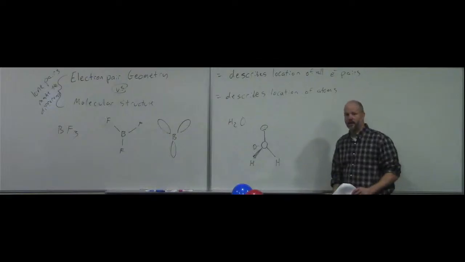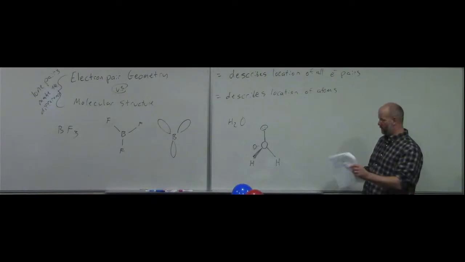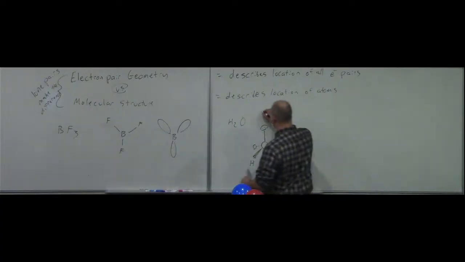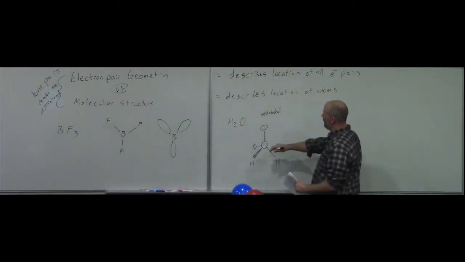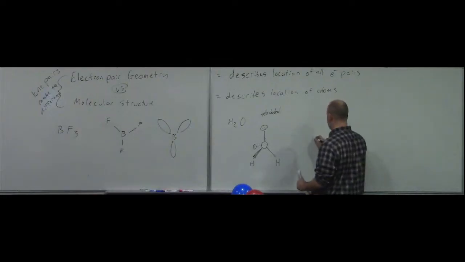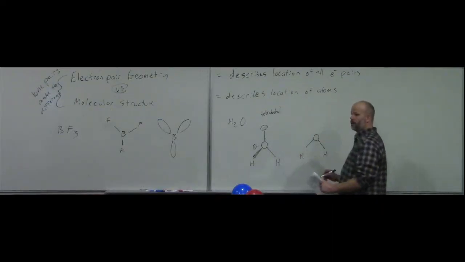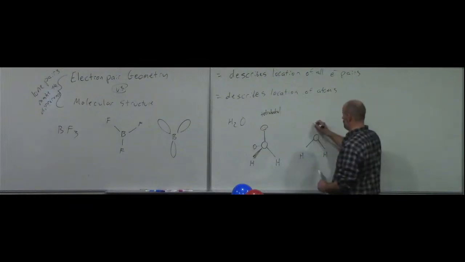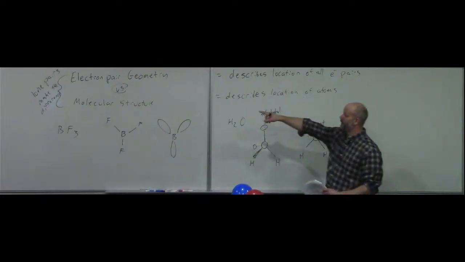What shape is that? Tetrahedral. But if I get rid of the unbonded electrons and all I draw is where the atoms are, what's that? That's called bent, or angular, for the molecular structure.